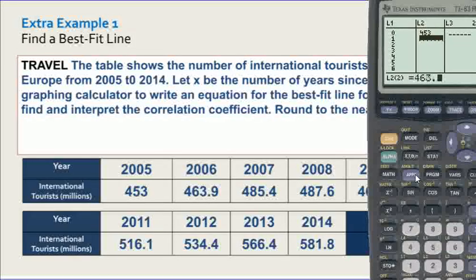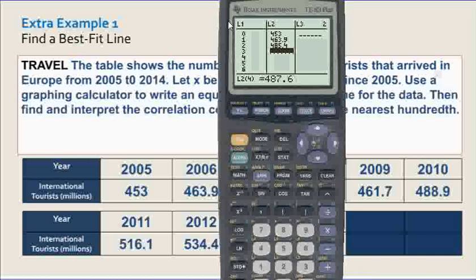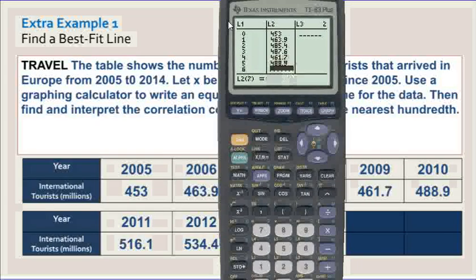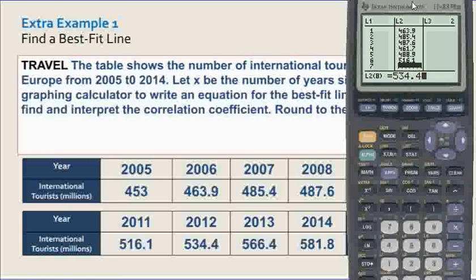So 453, 463.9, 485.4, 487.6. Then we have 461.7, 488.9, 516.1, 534.4, 566.4, 581.8.